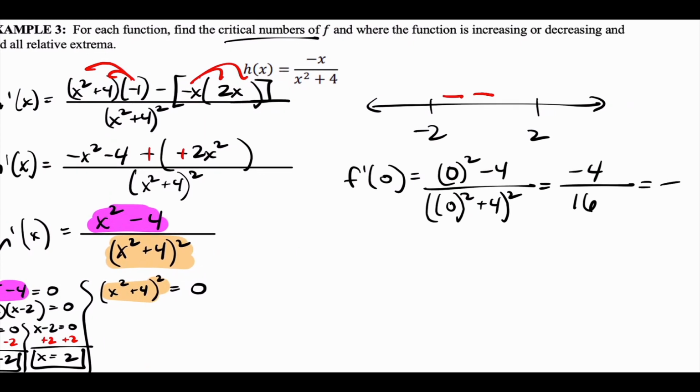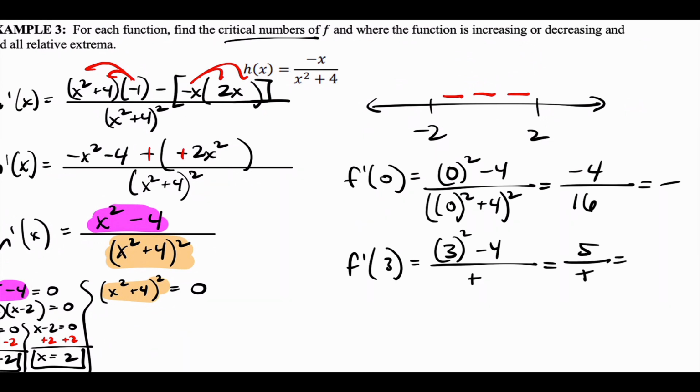So that means in between, it's going to be a negative number. So let me plug in 3. 3 squared minus 4. On bottom, I'm always going to get a positive number, so I'm not even going to worry about the bottom. It's just going to be a positive number. So it's going to be 9 minus 4, which is 5, over a positive number. That's a positive answer.